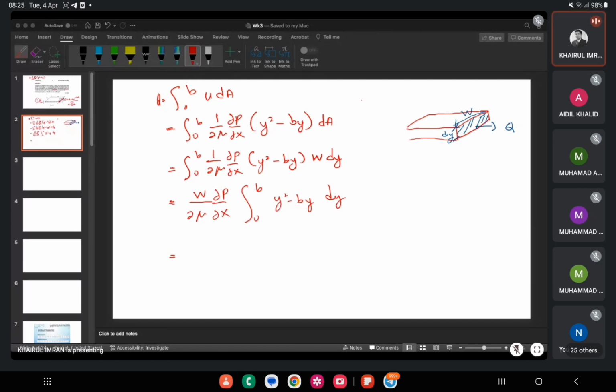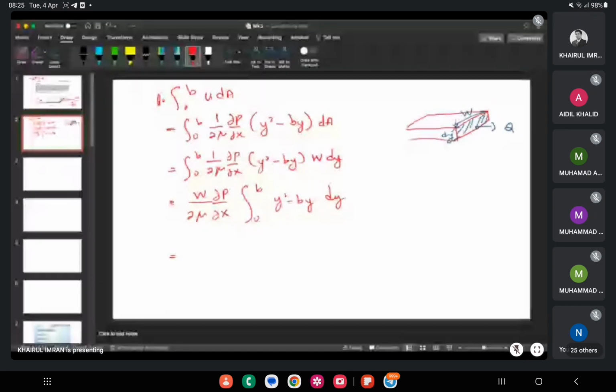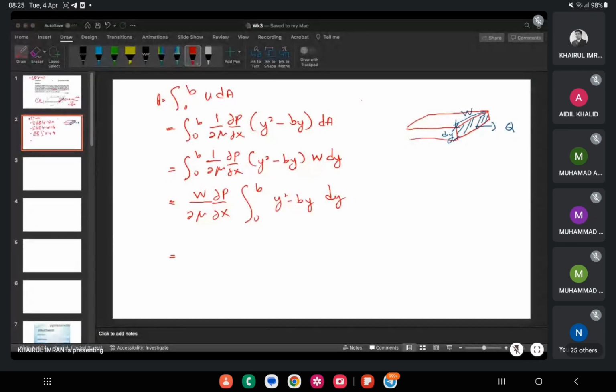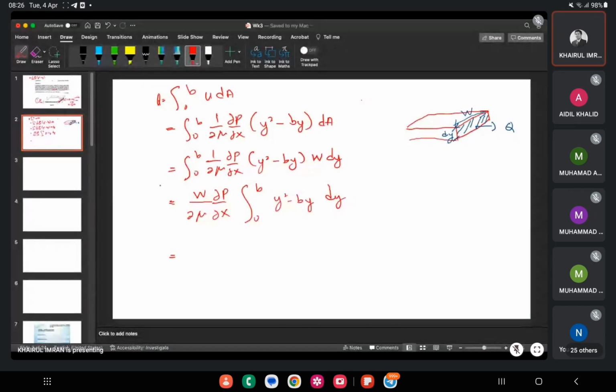B kuasa 3/3 tolak B kuasa 2, B kuasa 3, over 2. Okay, alright. Cuba tengok, yang lain dapat berapa? Sama je. Sama. Okay, so kita tengok.